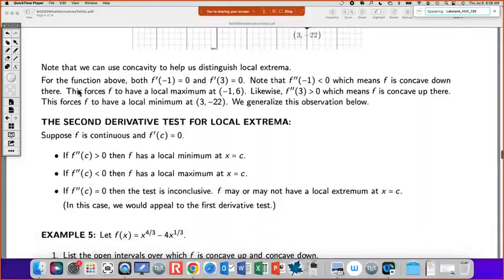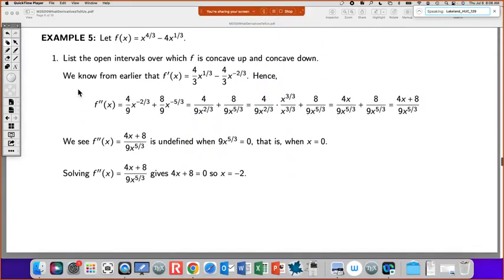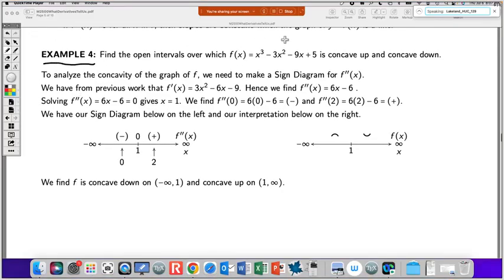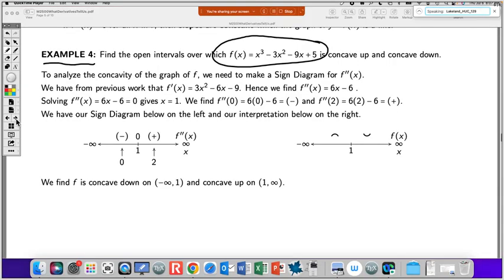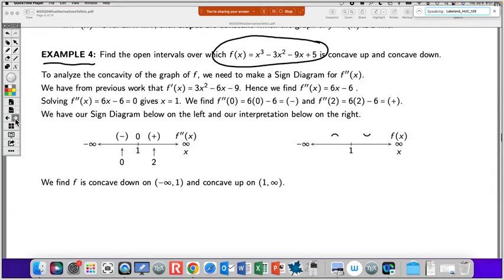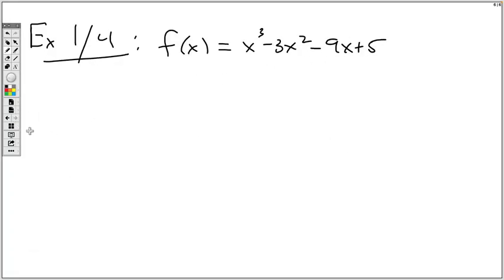Examples 1 and 4 are both working with this cubic polynomial, x cubed minus 3x squared minus 9x plus 5. Example 1 looks at the first derivative. What's that tell us? Example 4 has us look at the second derivative. We'll just do it all together.